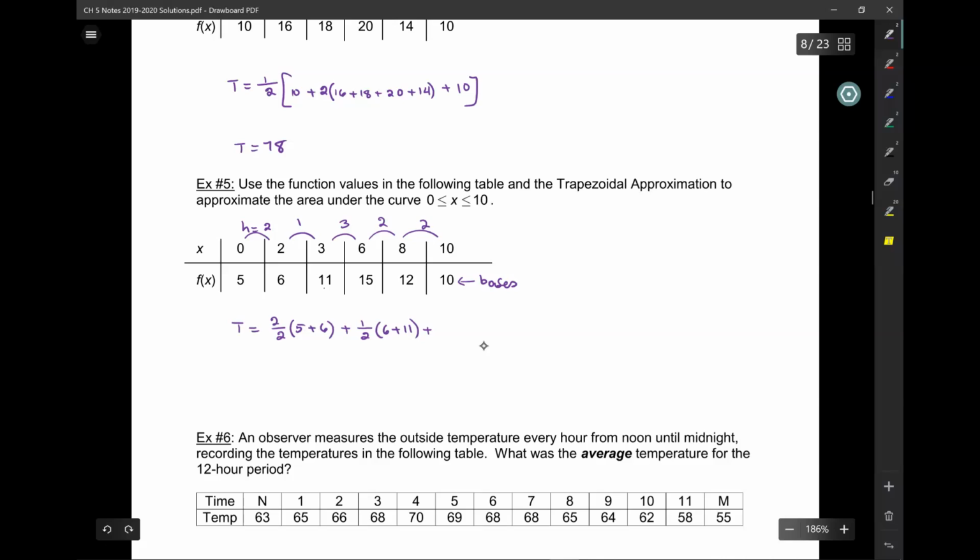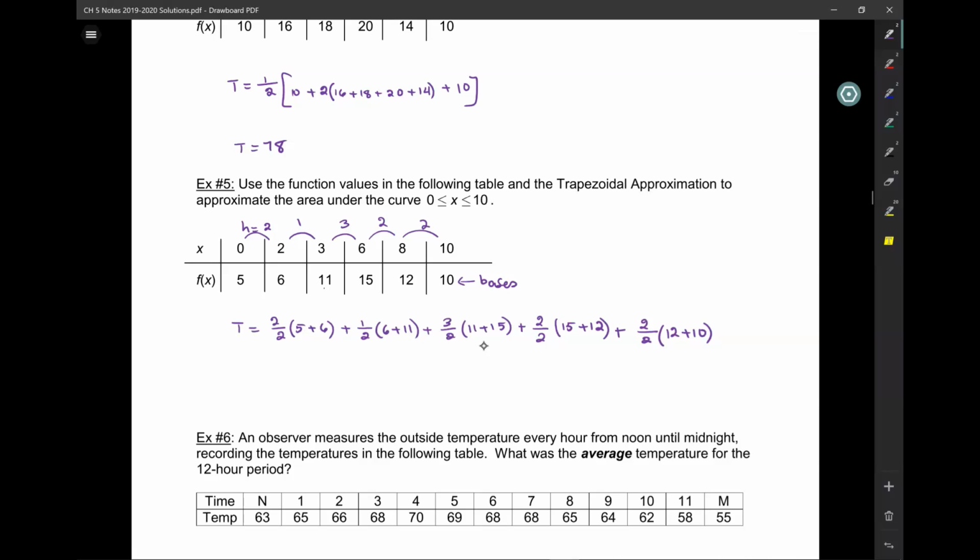Then 3 over 2, 11 plus 15. 2 over 2, 15 plus 12. 2 over 2, 12 plus 10.